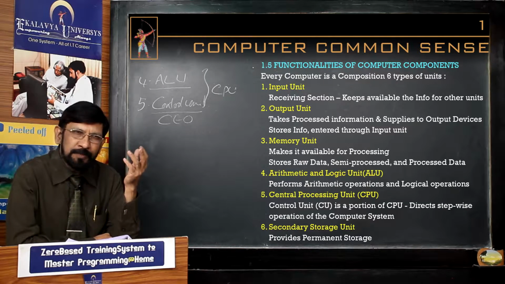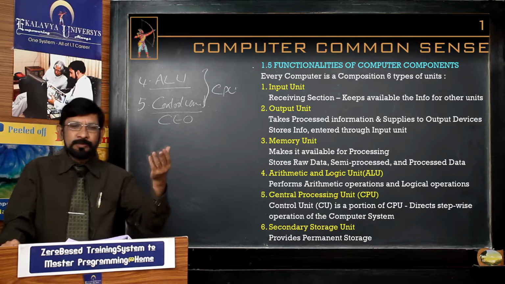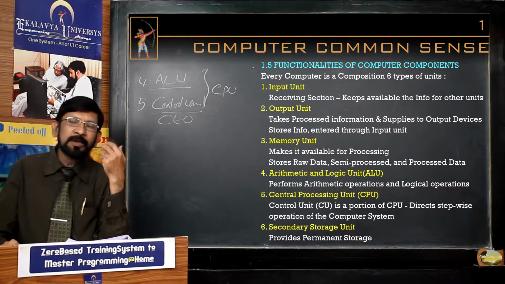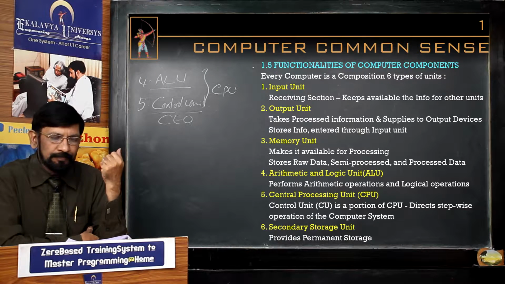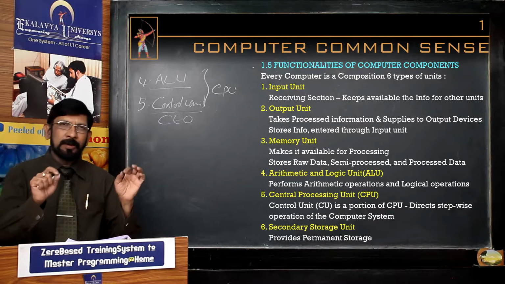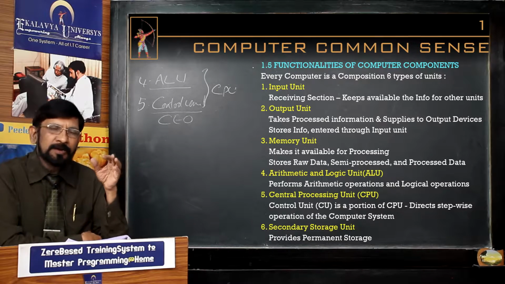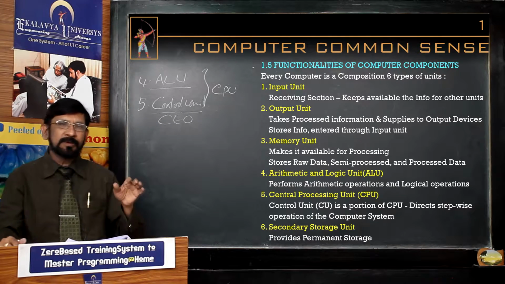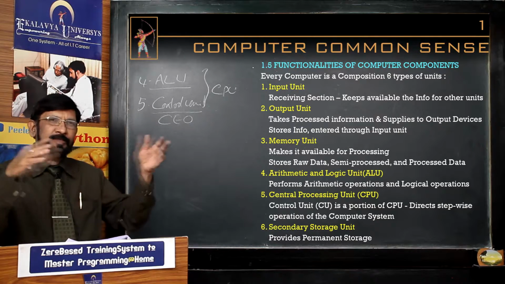Actually, it performs different types of jobs. As a receiver, it receives information and instructions from the input unit. As an executor, it executes all the operations. It coordinates all the components of the system, and it interacts with the different devices.